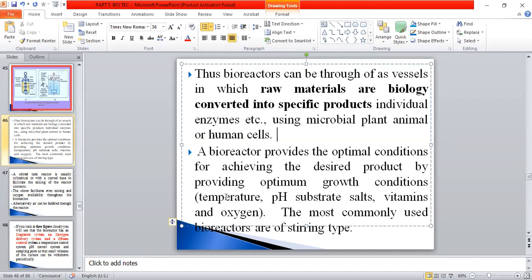Substrate salt, what is that? When the enzyme acts upon a medium, that medium is called a substrate. Take an example: lactose is a substrate. They act upon the enzyme lactase, so the enzyme-substrate complex will be formed. As a result, the product will be lactic acid.